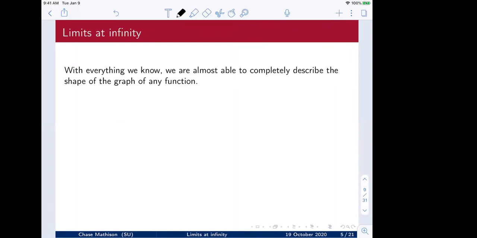Okay, so now we're going to talk about limits at infinity. So we have almost everything that we need to be able to draw a really accurate sketch of a graph with just a handful of information.